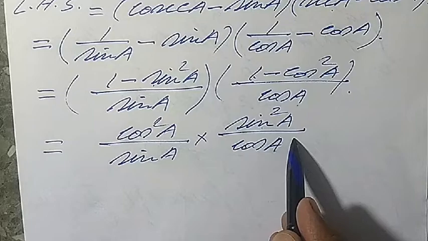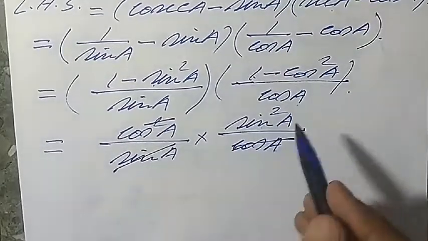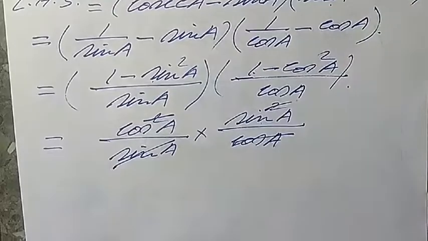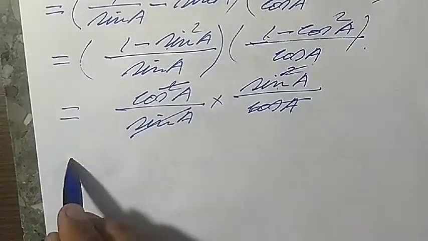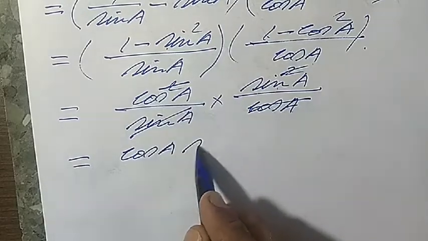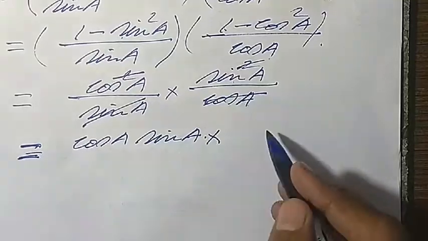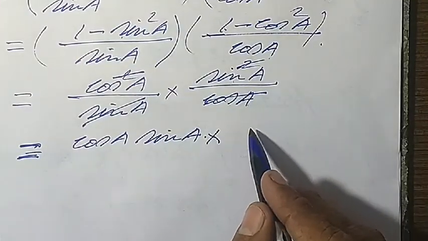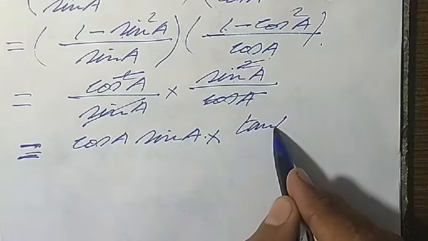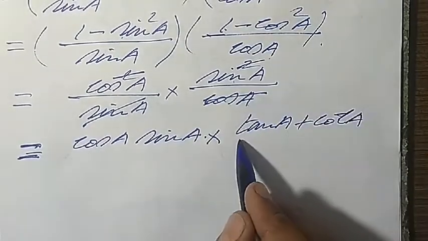So this cos A will cancel 1 power from the numerator and this sine A will cancel 1 power from numerator. So we have in the numerator cos A into sine A. Now multiplying numerator and denominator by tan A plus cot A.